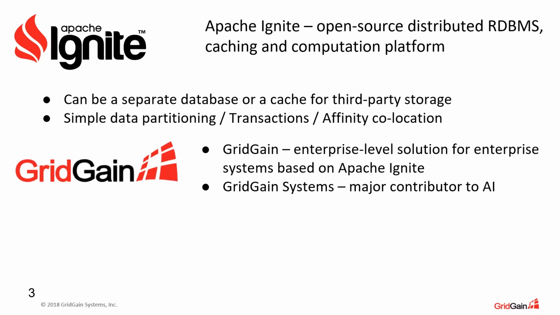GridGain is an enterprise-level solution for systems based on Apache Ignite, and also GridGain Systems is a major contributor to Apache Ignite. Nearly half of the committers in Apache Ignite are GridGain employees, but GridGain is not the only force in the Apache Ignite project.